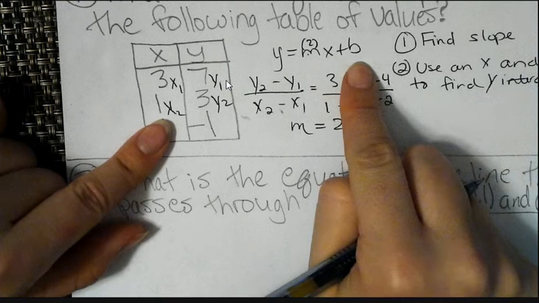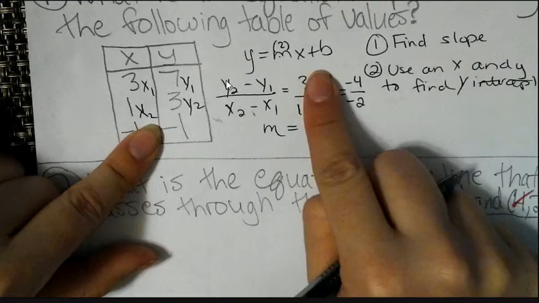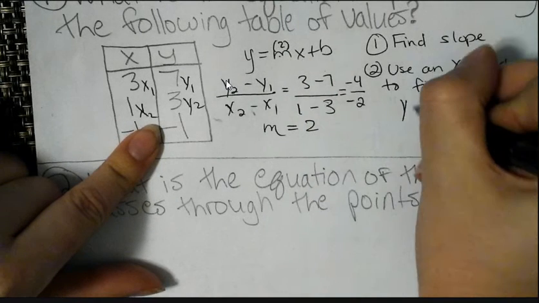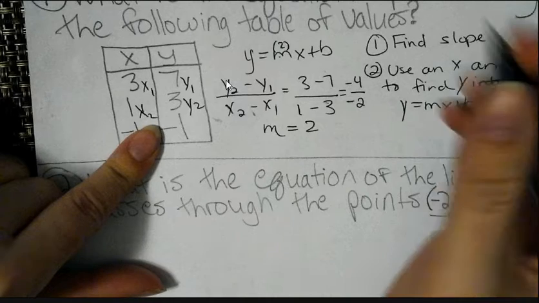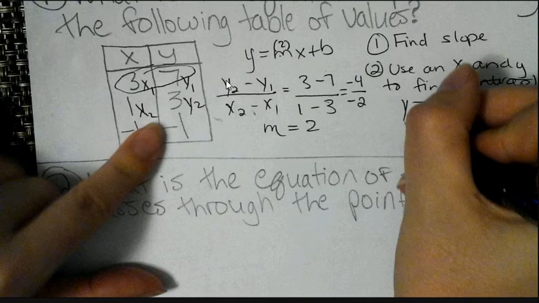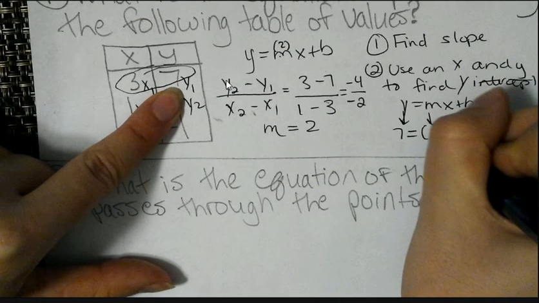Now I need to find my b. The only way to find my b is to use an x and y from the table, plug them in, and solve. So y equals mx plus b. I'm going to use x is 3 and y is 7. So y is 7 equals, I know my slope is 2.